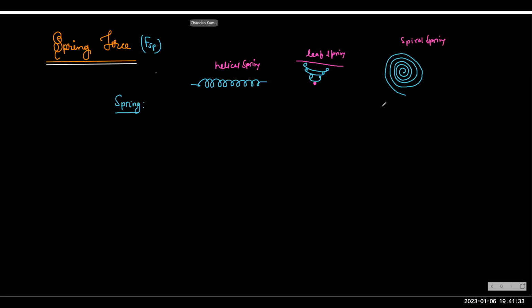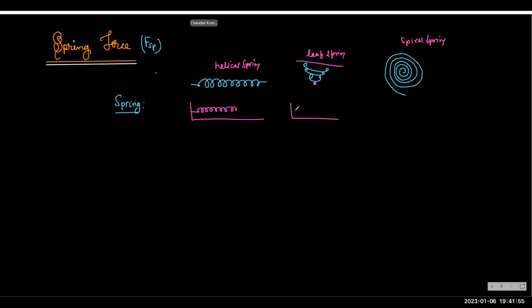So a spring is not defined by the shape, that is for sure. Although we have taken the symbolic inspiration of the spring from the helical one. So in most cases, if you read any literature, any text, they also use the helical spring as a symbol for spring.